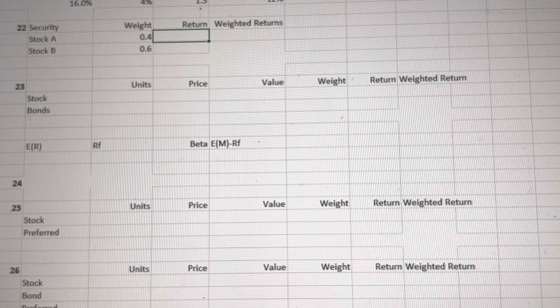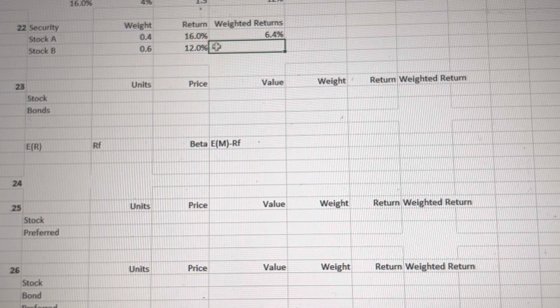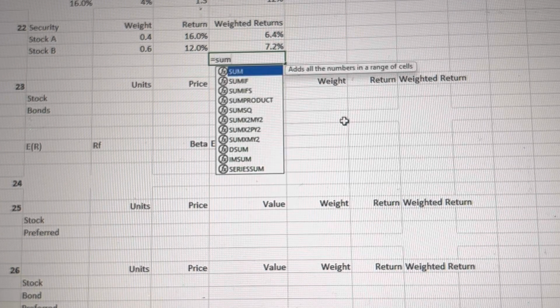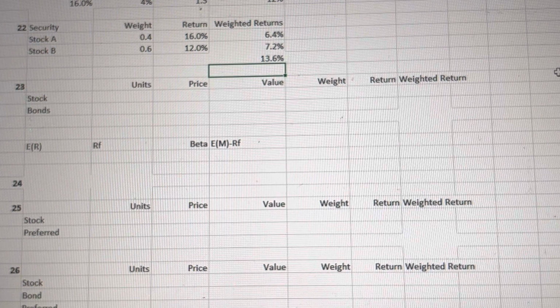The return is 16% for stock A and 12% for stock B. The weighted return is the weight times the return. Sum the weighted returns together to get a value of 13.6%.